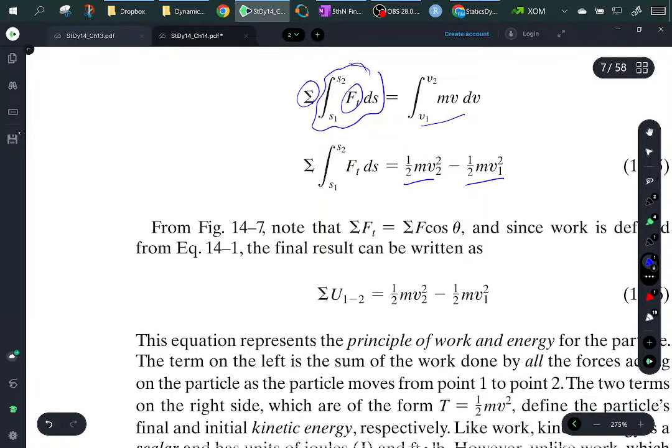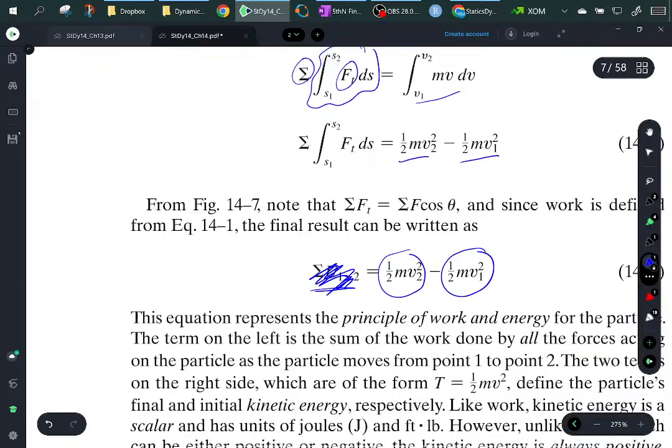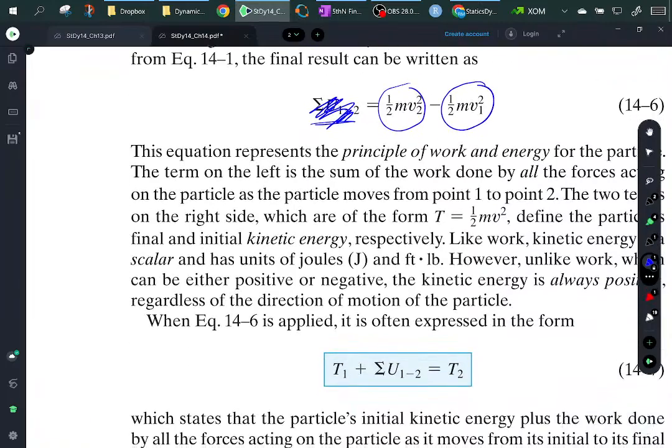So that's the kinetic energy. It's more written as kinetic energy from state 1 to state 2. Now notice what he does.